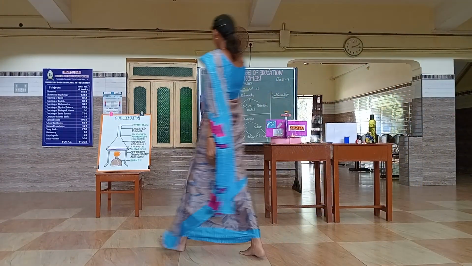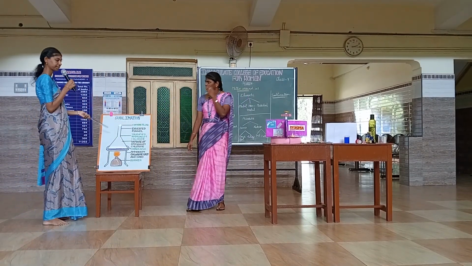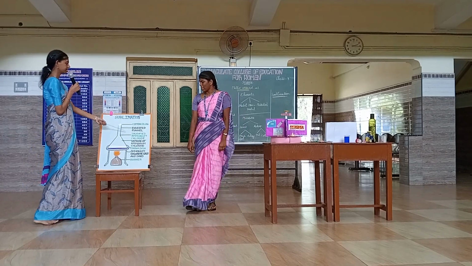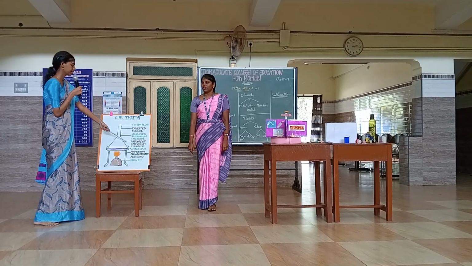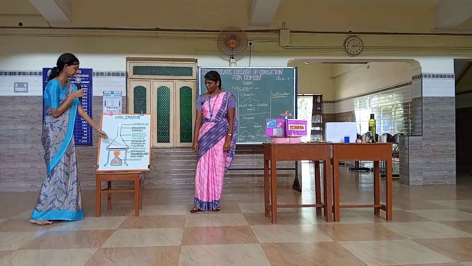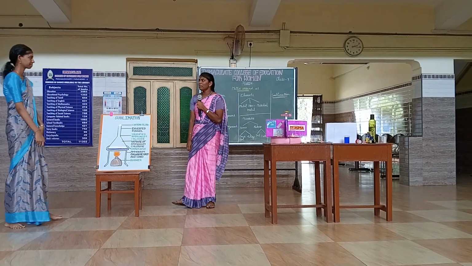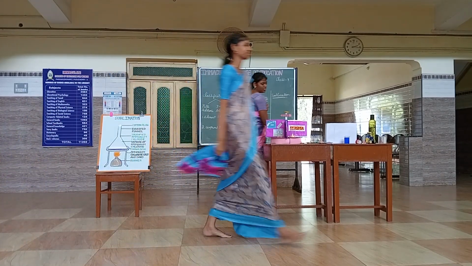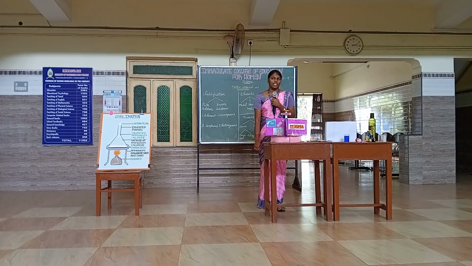Sublimation, cotton plug, inverted funnel, solidified ammonium chloride, vapors of ammonium chloride, china dish, ammonium chloride, salt and sand, burner. Okay. Clap for her. What's your name? Okay, very good. So, these are the components required to do the sublimation process.